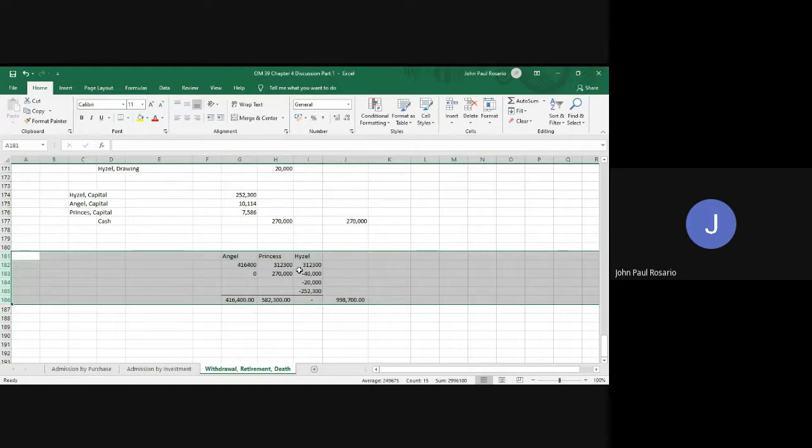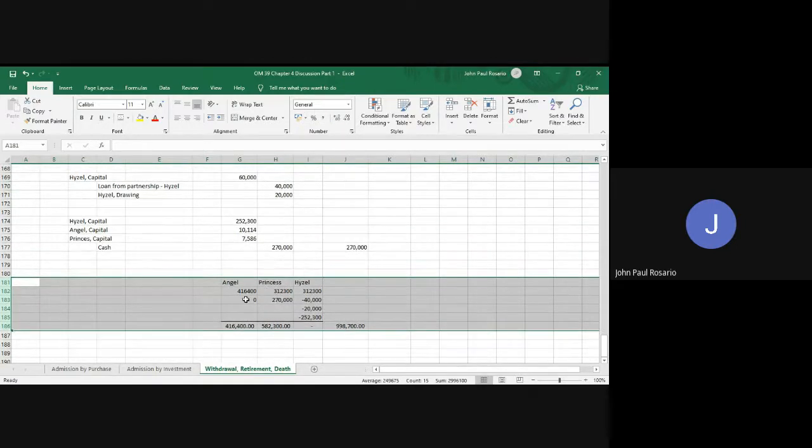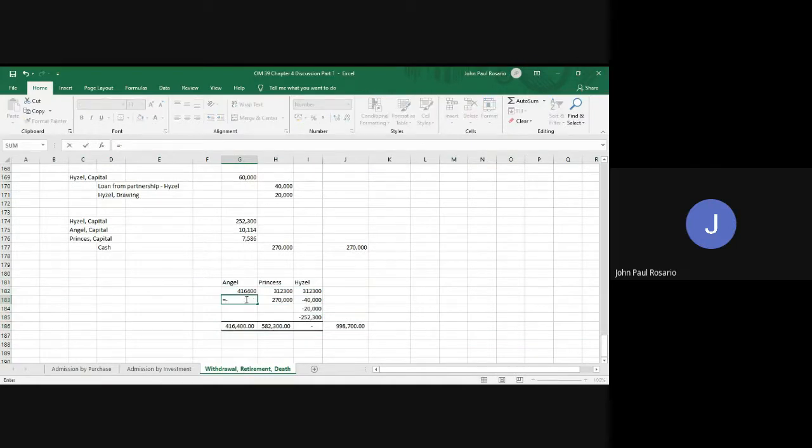It's just that in the case of Angel and Princess, they have deductions. So 10,114 for Angel and 7,586 for Princess. And then you get the total adjusted capital: 0 for Hazel, 304,714 for Princess, and 406,286 for Angel.